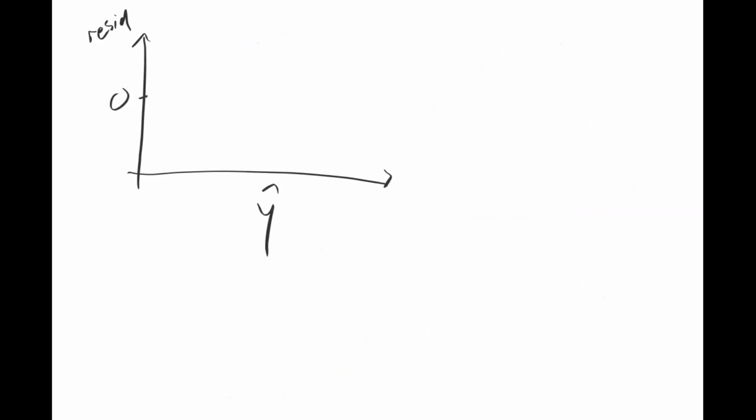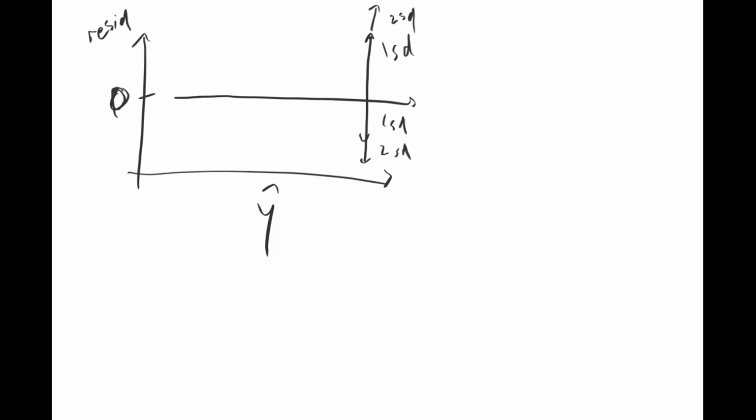So one of the things that we would expect is that there is a normal distribution of errors, which means that across my 0 value in my residuals, you would expect the spread of values of your residuals to fall within some standard deviation, 1 standard deviation, 2 standard deviations, something like that.